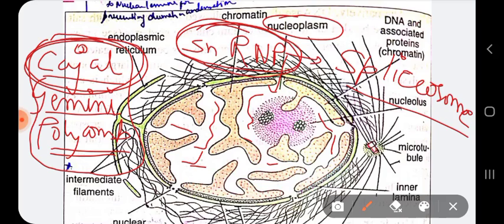Telomerase enzyme catalyzes the formation of telomere regions which will protect the ends of the chromosomes.